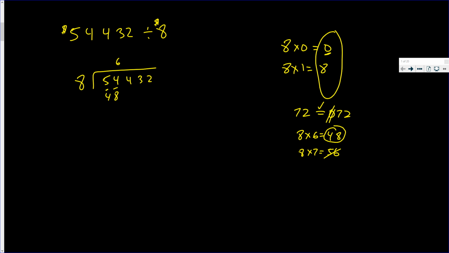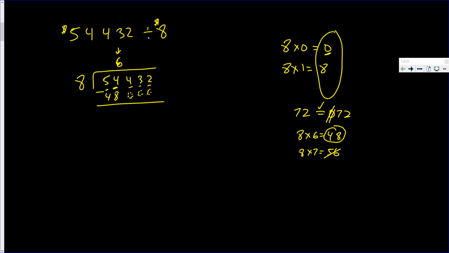But you know what? We're not taking away 6 8s. That's the thousands position. 1, 10, 100, thousands. We are taking away 6,000 8s, which happens to be 48,000.